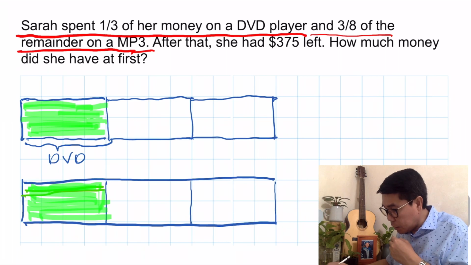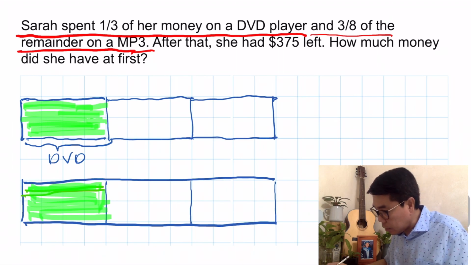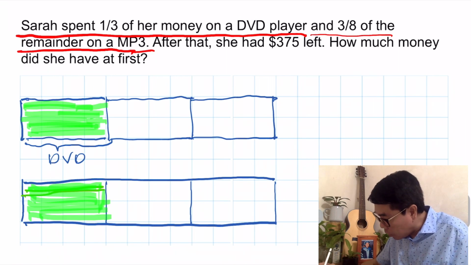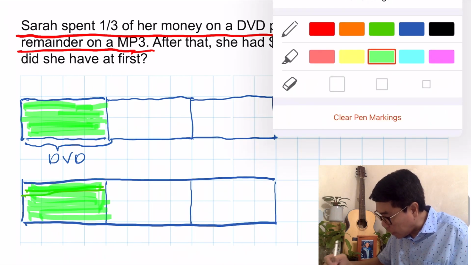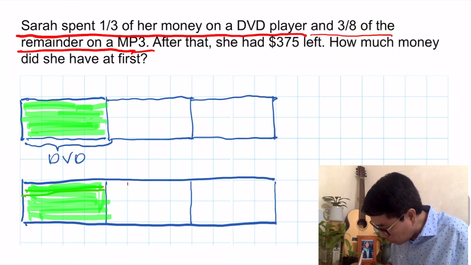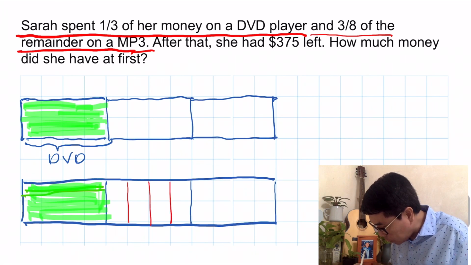Then what happened is, 3/8 of it was for the DVD. So I'm going to cut it in such a way that the remainder will be 8 equal parts. There must be 4 here, 1, 2, 3, 4, and also 4 there.